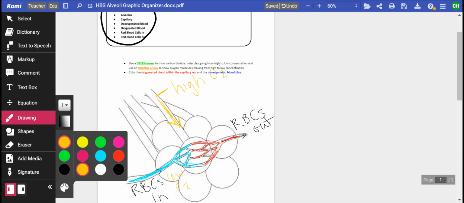So what's going to happen is this high amount of oxygen is going to diffuse into the capillary bed where there is less oxygen. And then, of course, once that happens, it's going to flow this way because now we're going to have a high amount of oxygen, right? Because molecules always move from high to low concentrations. It would kind of be like if I took everybody in the class and tried to shove us into a box. You'd be very uncomfortable.